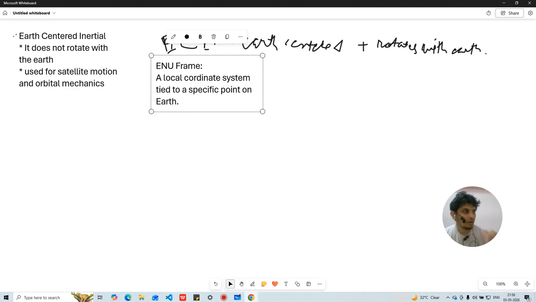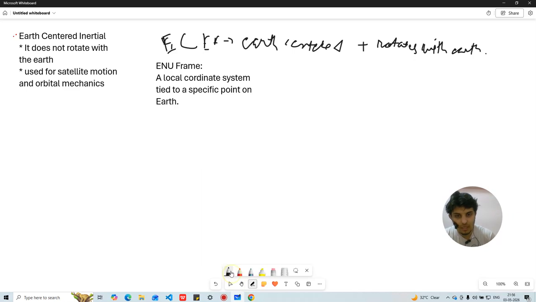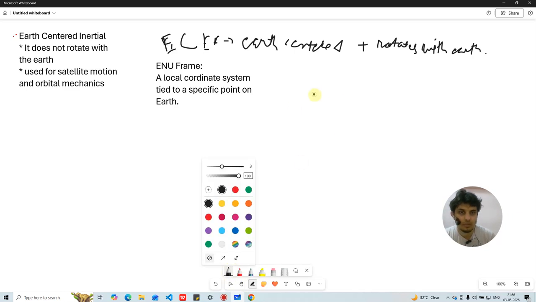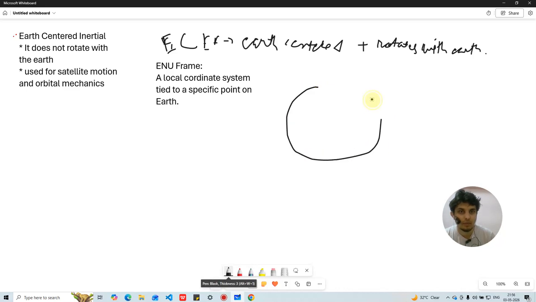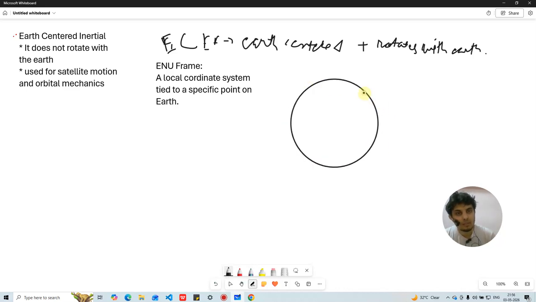Key idea: local tangent plane. ENU frames are different for different locations on the planet.